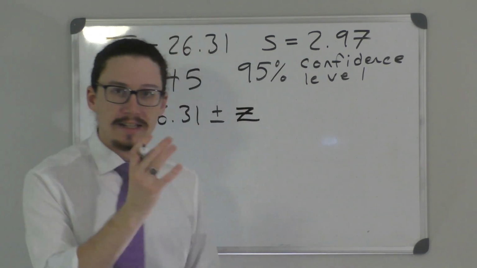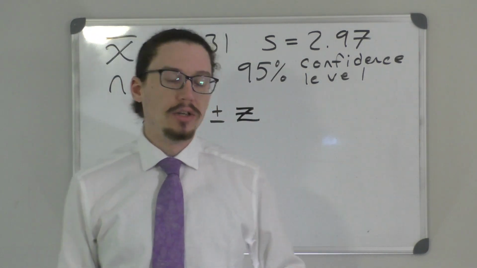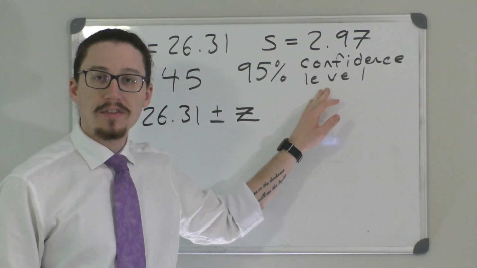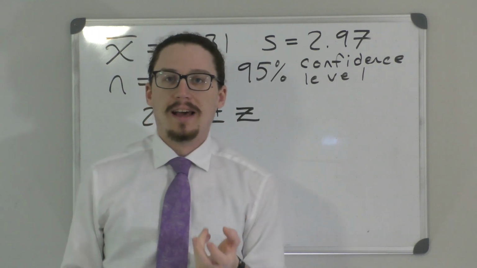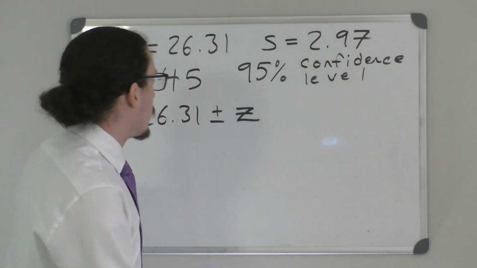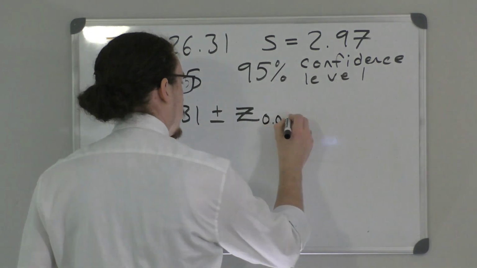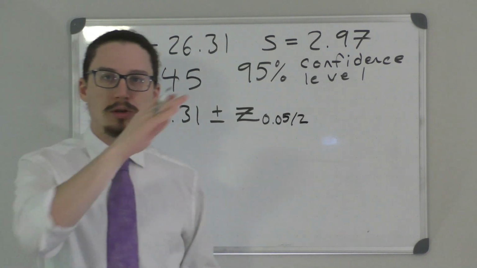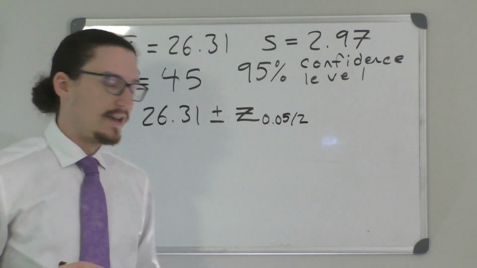So our z is z alpha divided by 2. If we're working with the 95% confidence level, that means that our alpha is 0.05, and we're going to take that 0.05 and divide that by 2. We'll work through that in the next step.